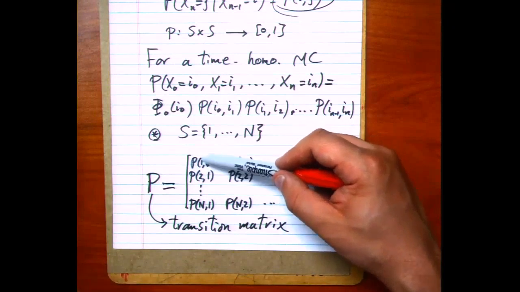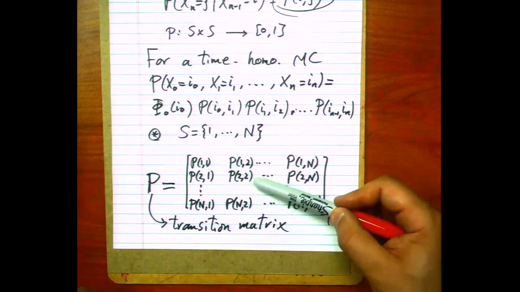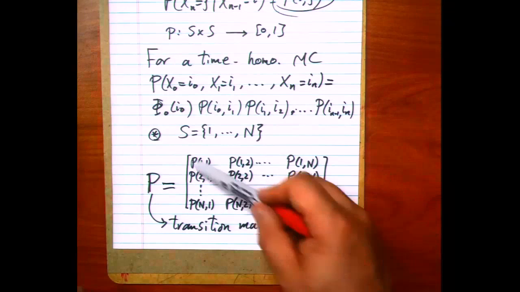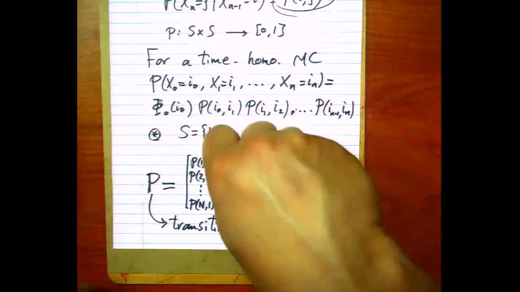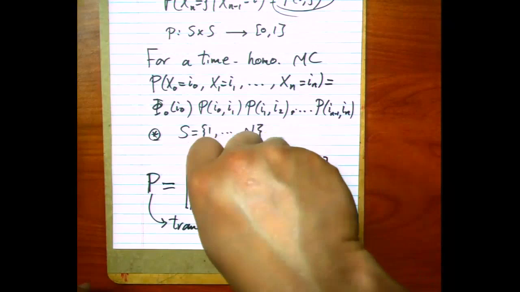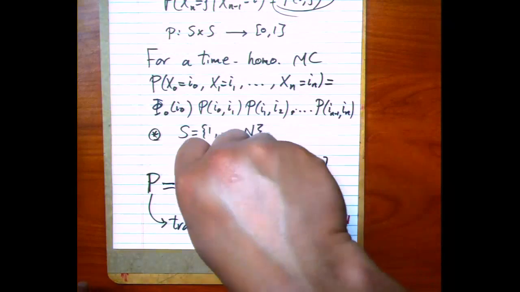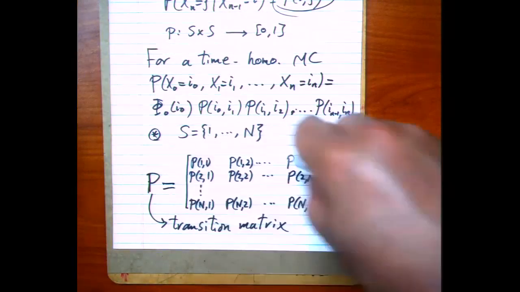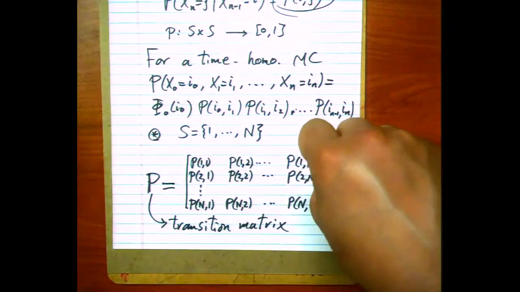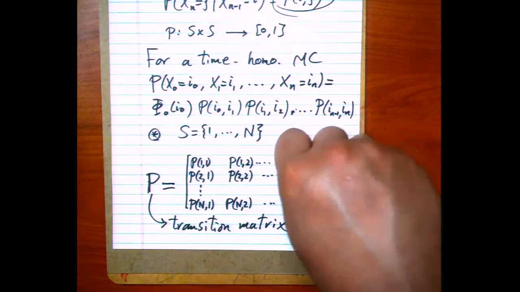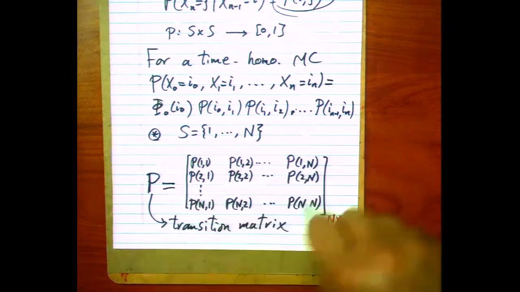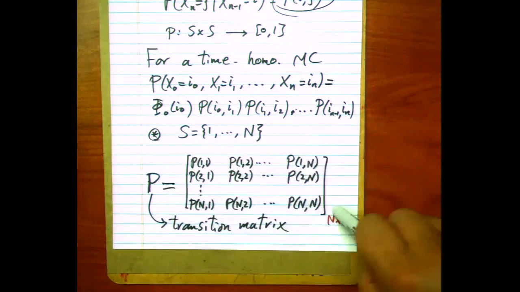And this is the probability to stay in the same state of 2 after one step. So the diagonal gives you the probability of staying in the same state after one step. This probability, P_{12}, is the probability to jump from state 1 to state 2 in one step. This probability, P_{1n}, is the probability to jump from state 1 to state n in one step. So these are nothing but one-step transition probabilities from one state to the other.